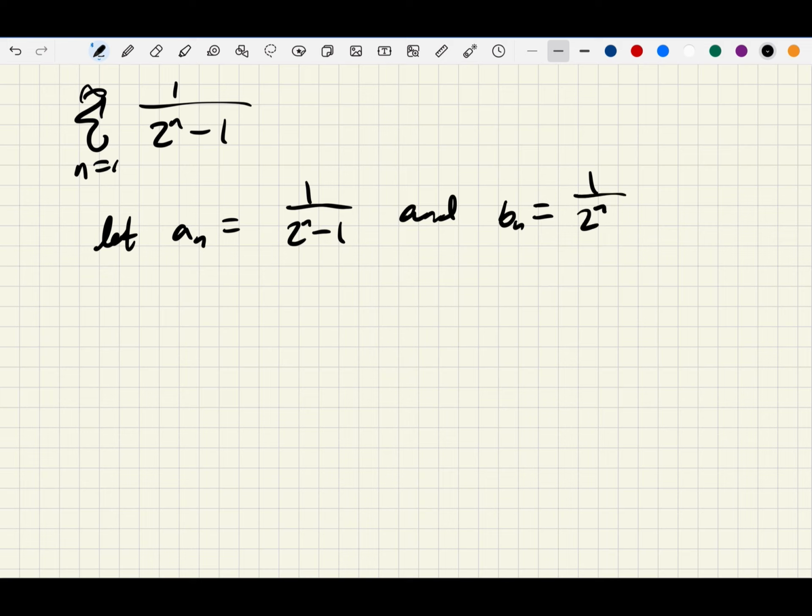We know that the series, n equals 1 to infinity of 1 over 2 to the n, and we did this earlier, didn't we? We can write that as 1/2 times 1/2 raised to the n minus 1, which is a convergent geometric series. For a complete argument, we would have to show that 1 over 2 to the n is a geometric series in order to prove its convergence.